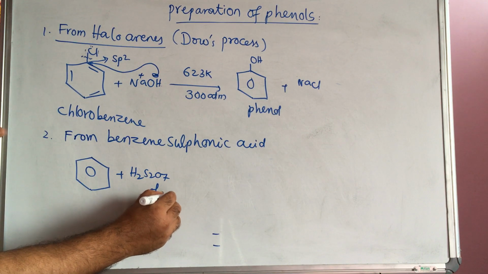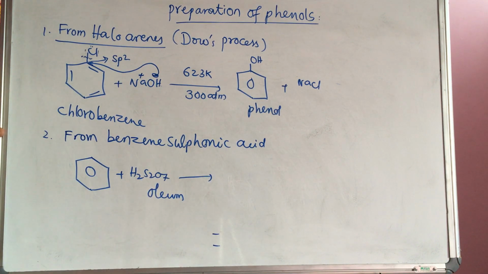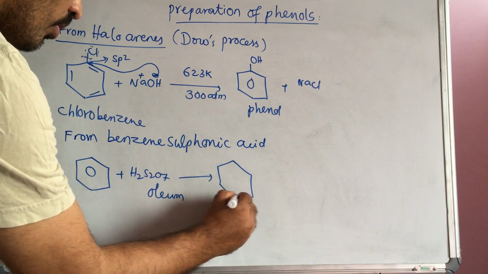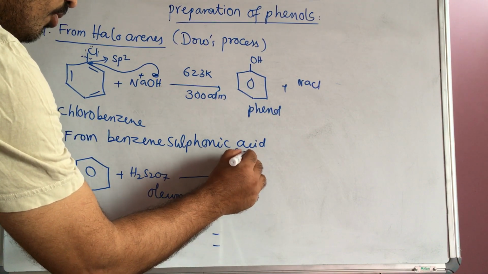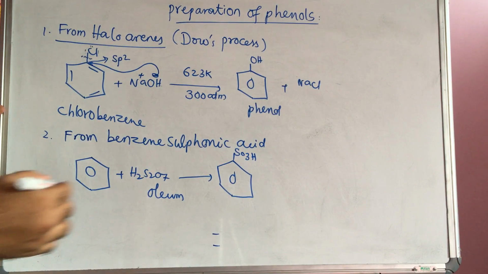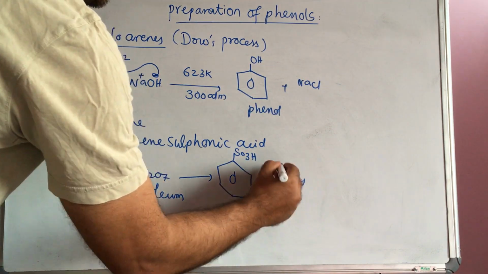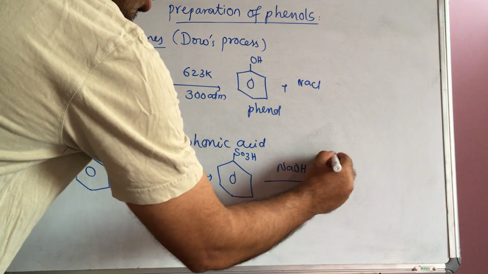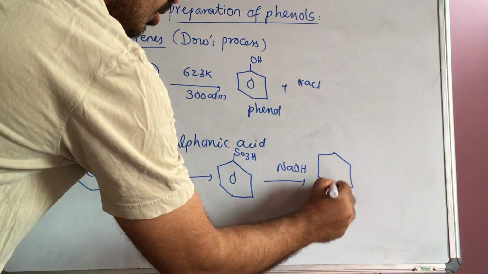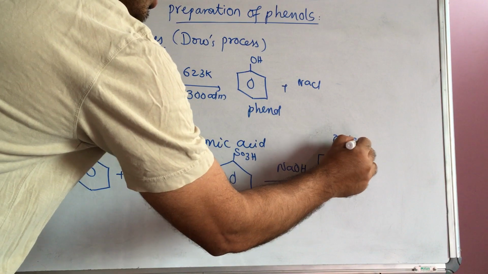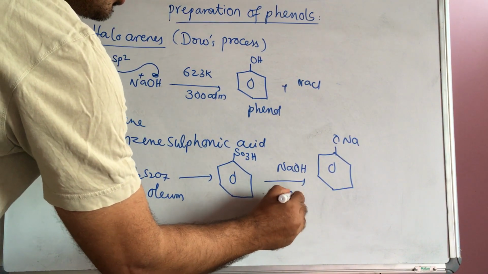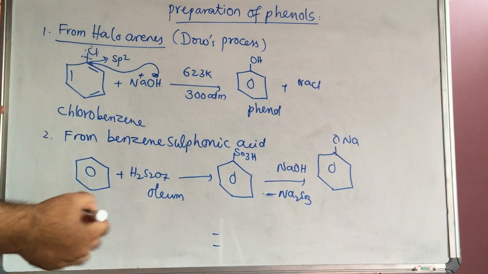This will give benzene sulfonic acid. This benzene sulfonic acid is treated with NaOH, then it forms sodium phenoxide as a byproduct. Here Na2SO3 will be eliminated.